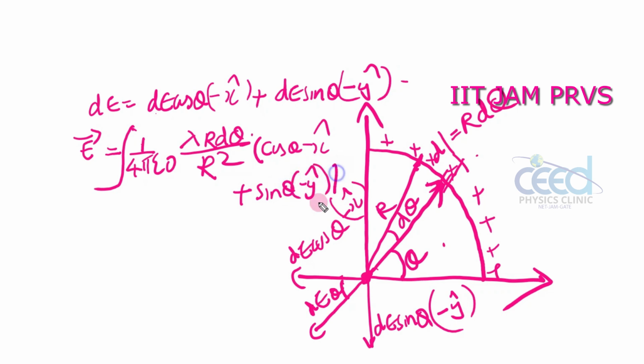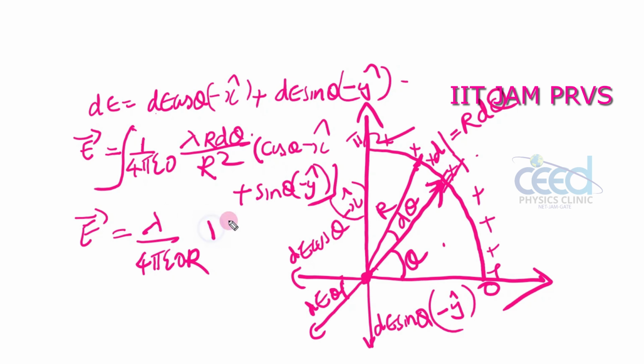Now by integrating, let me take the common terms out, lambda by 4 pi epsilon 0 r. The r square cancels. Cos theta on integration gives sin theta, and the limit varies from 0 to pi by 2. The value of sin theta from 0 to pi by 2 is 1, so the remaining is minus x cap.